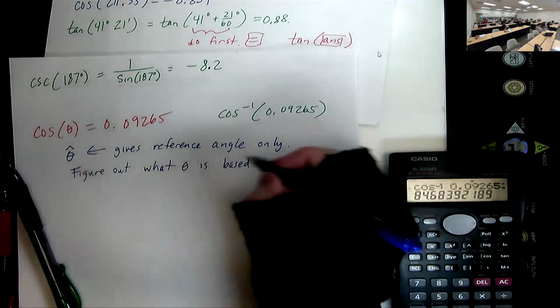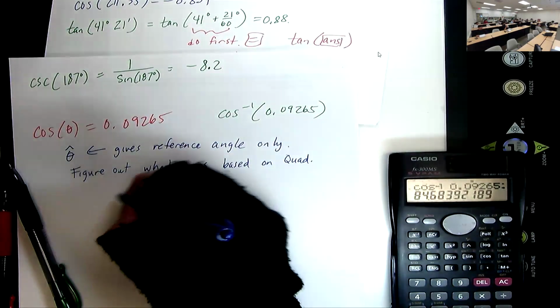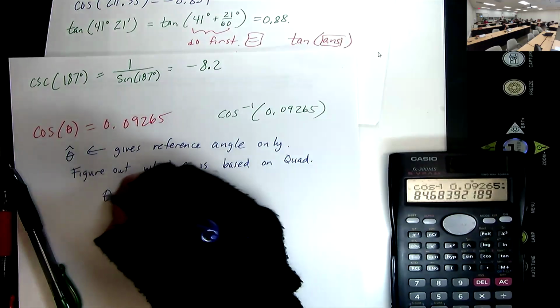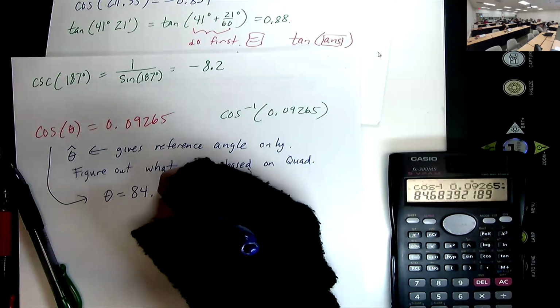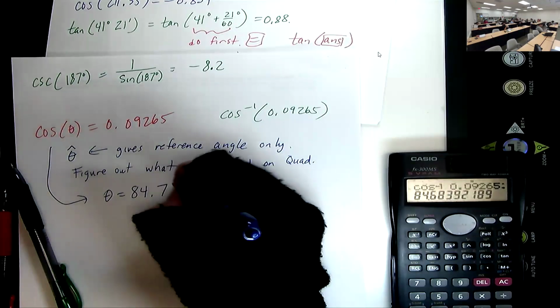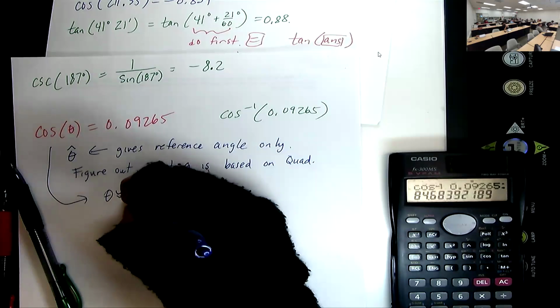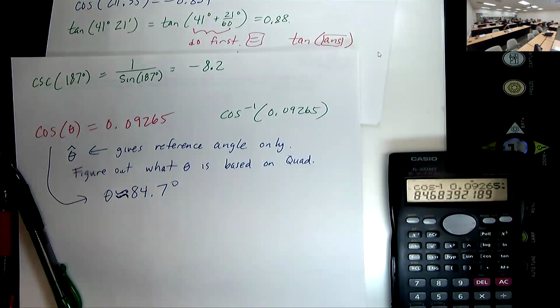So here I have 84.7 degrees, well, rounded. Approximately. If I did cosine of 84.7, I'm going to be off, but just a little bit.